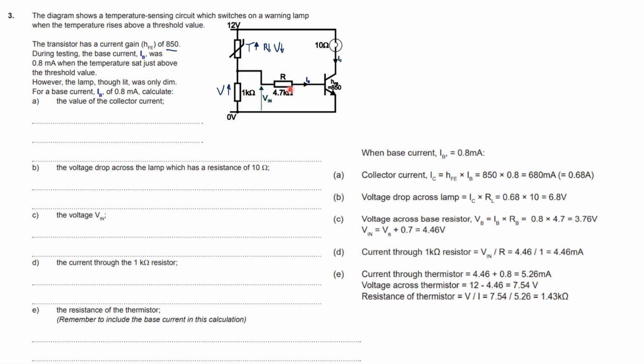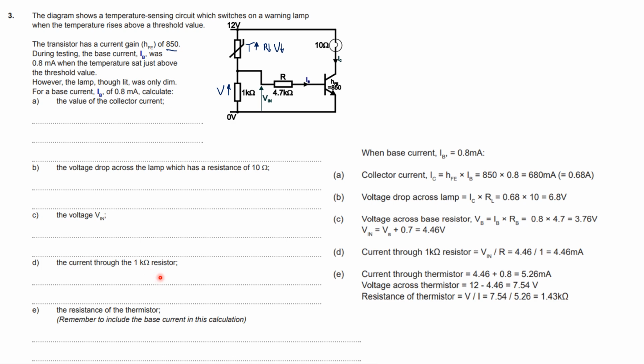Remember to add on the magic number of 0.7. Students always forget that. So make sure there's always 0.7 volts across there. So 0.7 volts plus this voltage equals V in, which is this voltage there. So it's 4.46 volts.